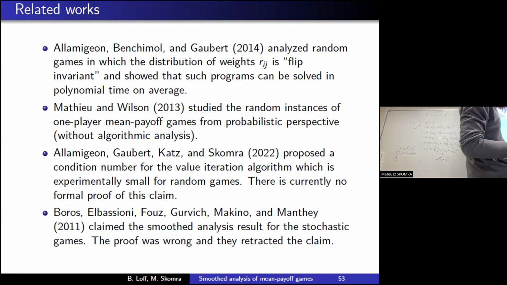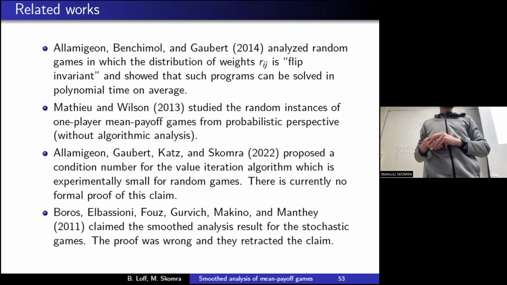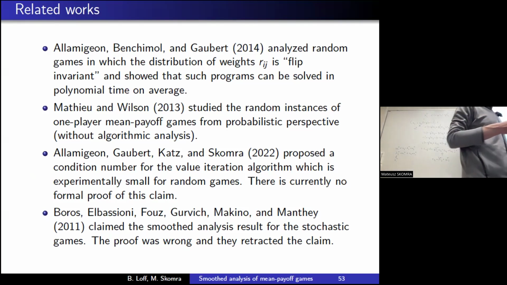In some kind of opposite direction, there is a paper by Gurvich, Katz, and myself, in which we studied value iteration, and we proposed a condition number for value iteration. We saw that value iteration takes a long time only if this condition number is high.